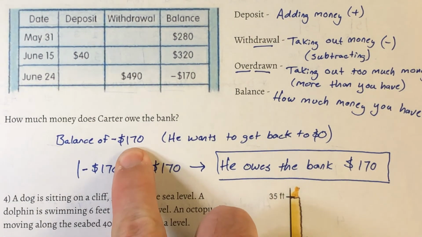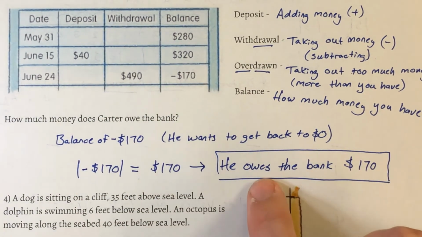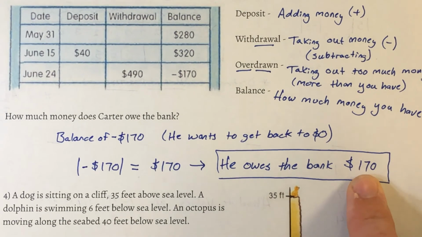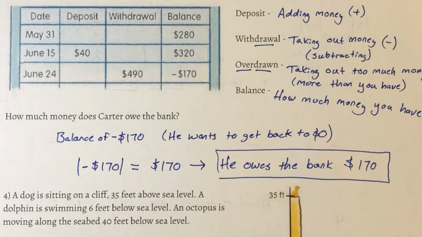Negative $170 is how much his balance is. Owes refers to how much money he needs to give the bank. You can't give someone negative, but you can give them a positive amount of money. So he has to give the bank $170 for his balance to go back to 0. And then hopefully he needs to make more of these deposits so he can have more than $0.